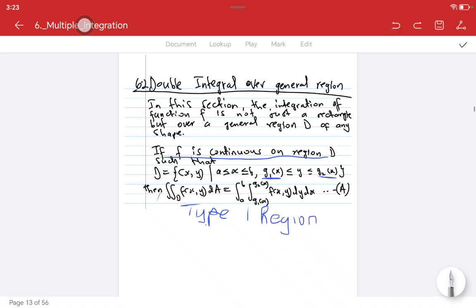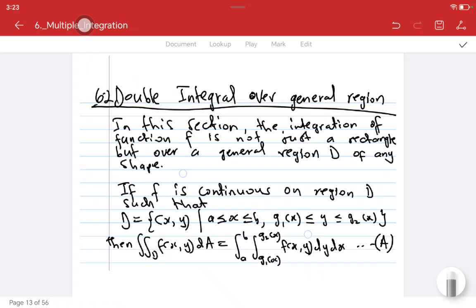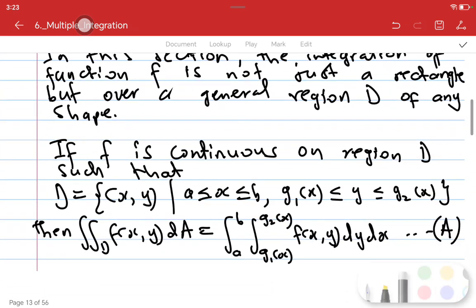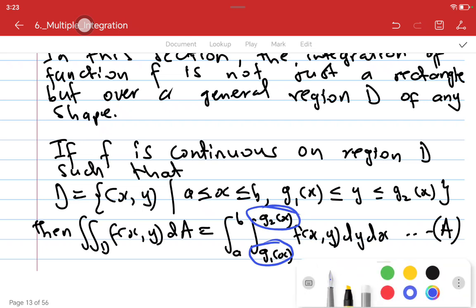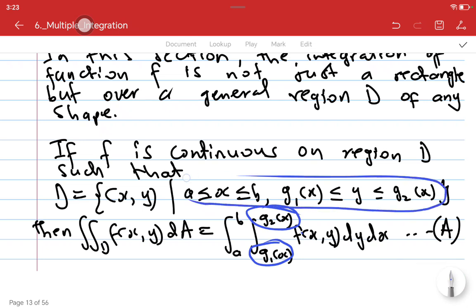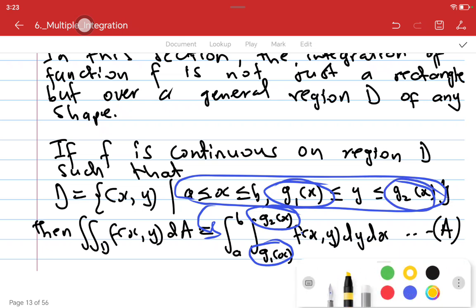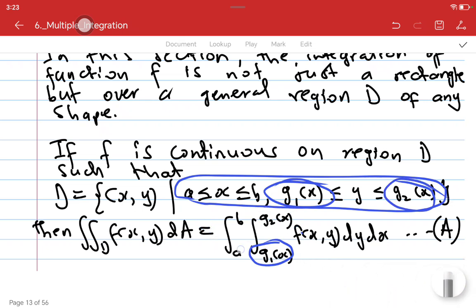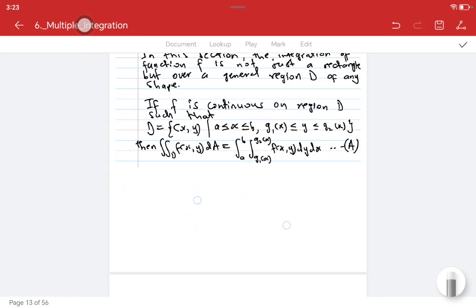So in this case, we know that when we see x on these intervals, that will be type 1 region. You see, right? So always when you put this in this integral format, these ones should always be inside. They should always be inside. You start with them, then you end with the ones of constants.